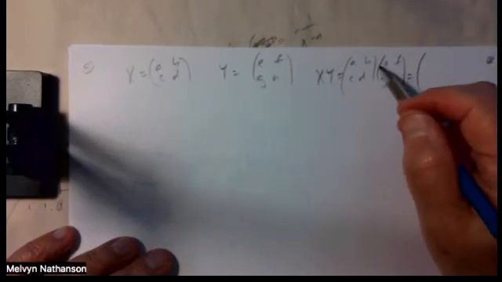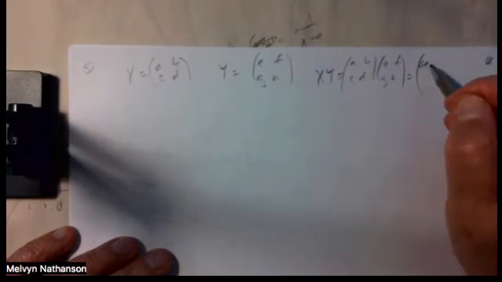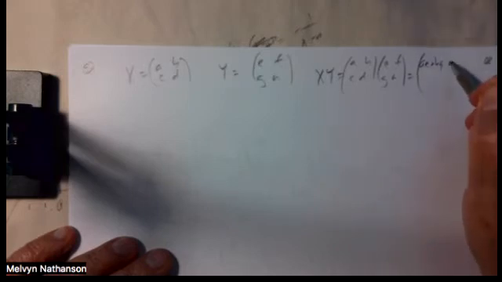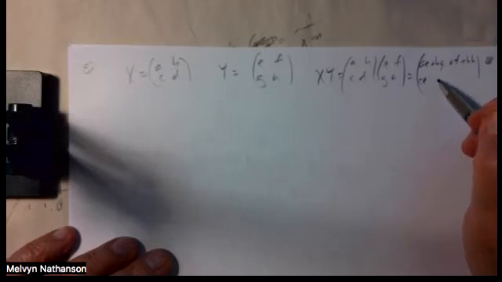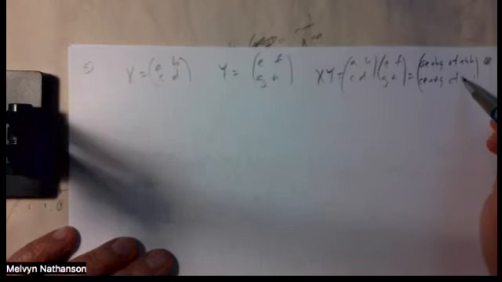We get AE plus BG, AF plus BH, CE plus DG, CF plus DH.